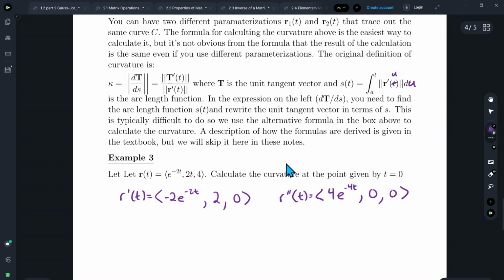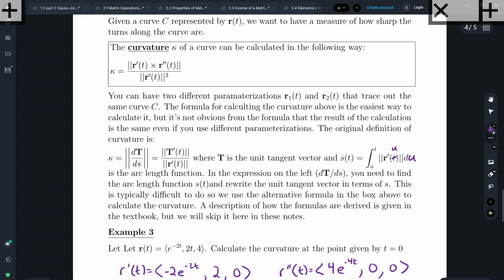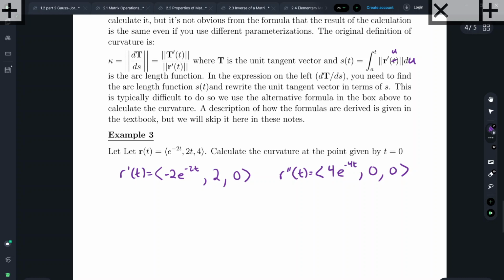Okay, so that's r prime and r double prime. And so the next thing to do is to calculate their cross product, r prime cross r double prime.